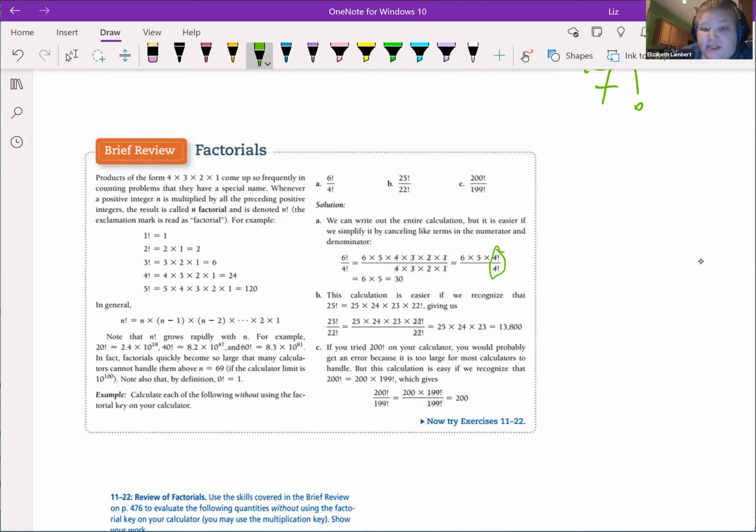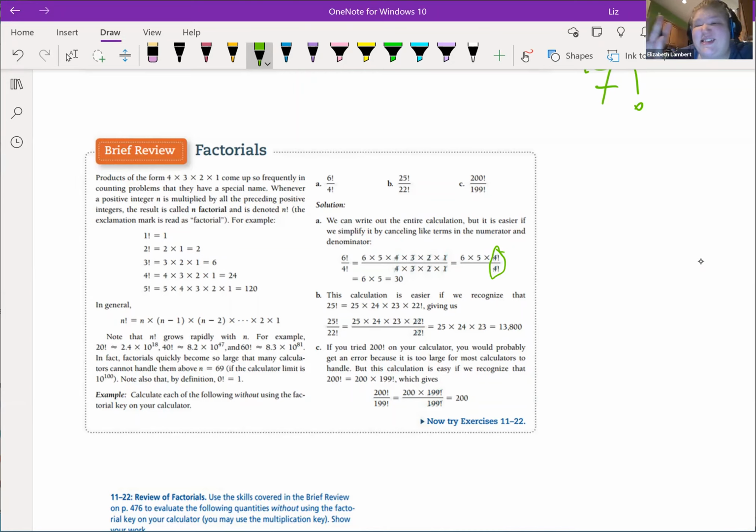So we were just left with 6 times 5 on top, which is 30. 25 factorial over 22 factorial. Well, I can think of 25 factorial as 25 times 24 times 23 times 22 factorial. And now I don't have to write anymore and cross, cross. Then I just multiply those three large numbers.